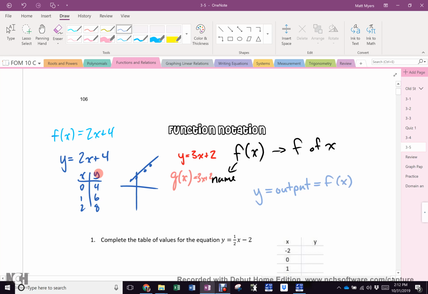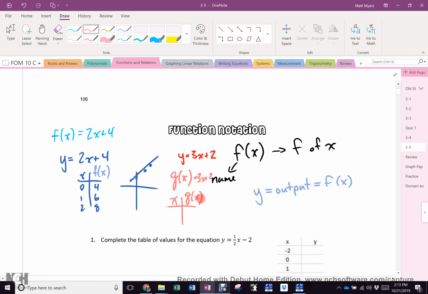So when I do my table of values, I don't need to write y there. What would I write instead? F of x, the output. F of x. And what would I write for this guy if I was doing his table of values? Not f of x. G of x.